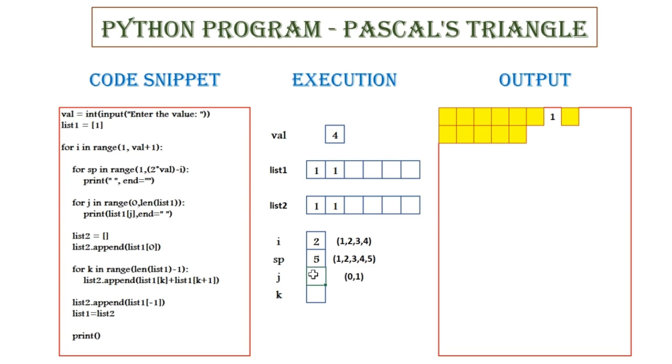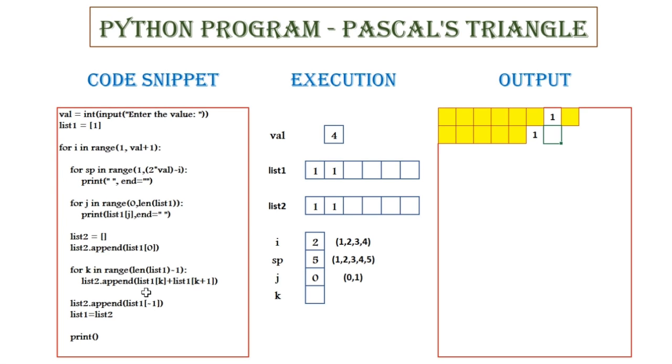Value of j will currently be 0. And what I'm doing here, print list 1 of j. List 1 of 0, which is 1. So I'm going to print 1 here, followed by a blank space, which is passed in the end argument. So I'm giving a blank space here, and then the value of j will now become 1.